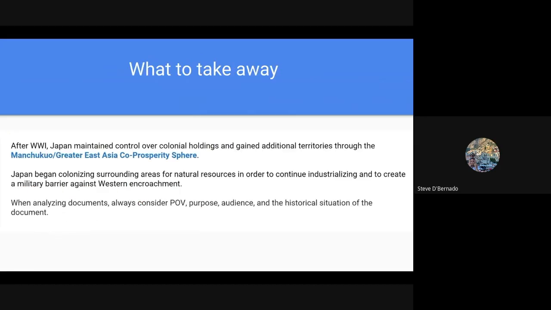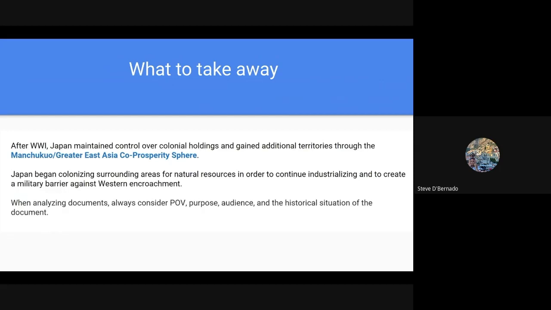What should we take away in section 2? Well, after World War I, Japan maintained control over colonial holdings, and they also gained additional territories through Manchukuo and the Greater East Asia Co-Prosperity Sphere. Okay, that was the rationale, the political reasoning. Japan began colonizing surrounding areas for natural resources in order to continue industrializing and to create a military barrier against Western encroachment.